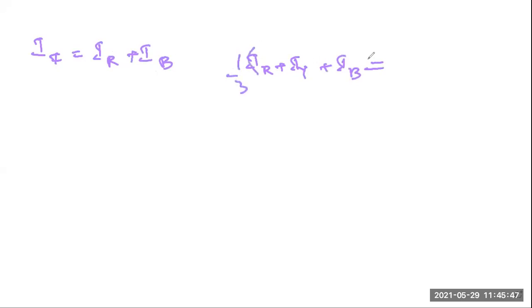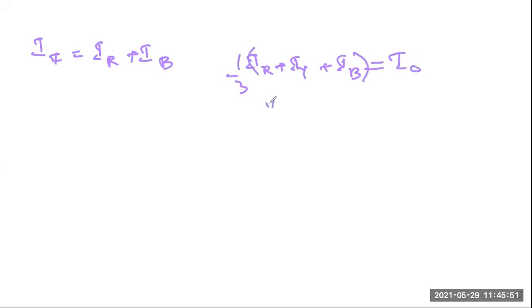So fault current IF is equal to IY plus IB. Now we know that IR plus IY plus IB, 1/3 of this is equal to your I0.